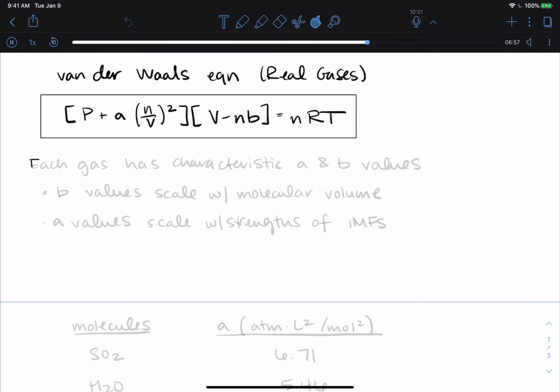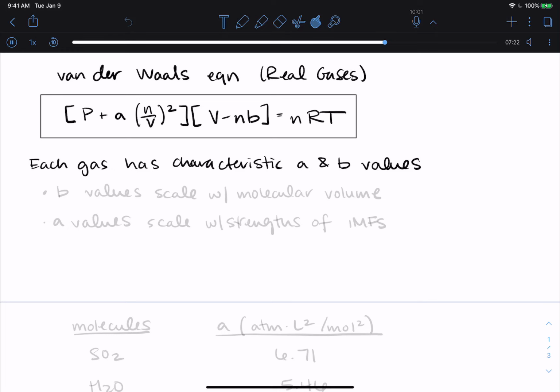But I do want to say a little bit more about a and b. Each gas has characteristic a and b values. This means that when you need these values, you're going to have to go look them up in a table.